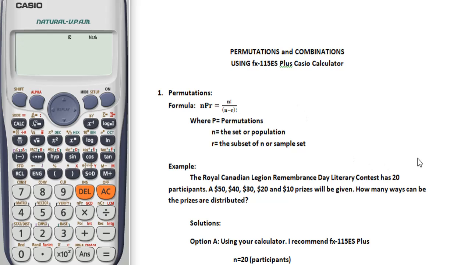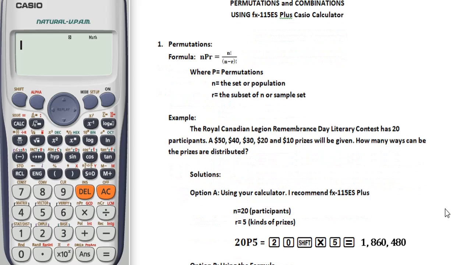So for the solution, we're going to use our calculator. The given: n is 20 participants, and r is 5, the number of kinds of prizes: the $50, $40, $30, $20, and $10.